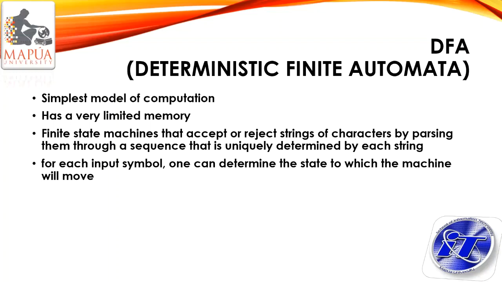So what is DFA? It's the simplest model of computation. Basically, each symbol in a string will be processed, and it will define which state to go to. DFA has very limited memory or none at all, since we are just storing the string, defining where it will go next, the next state after encountering this input.